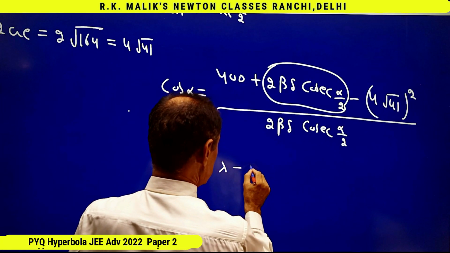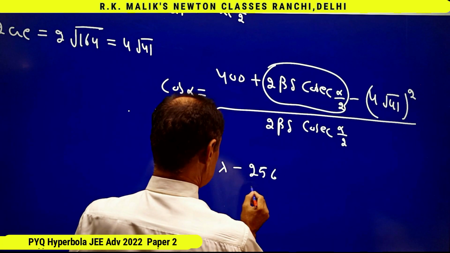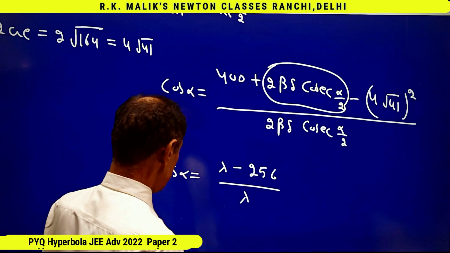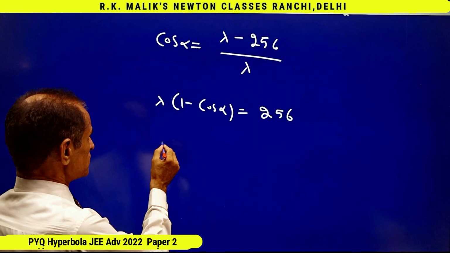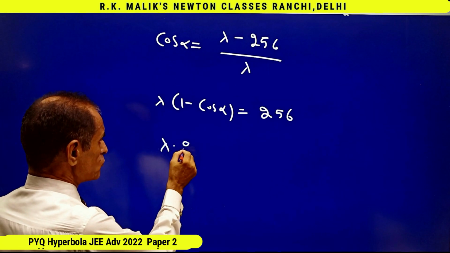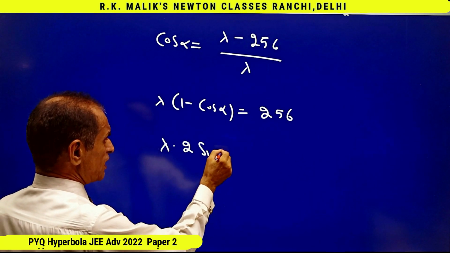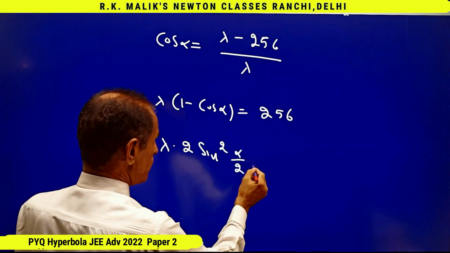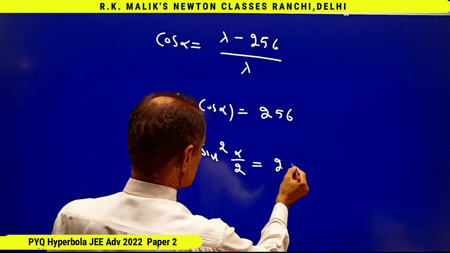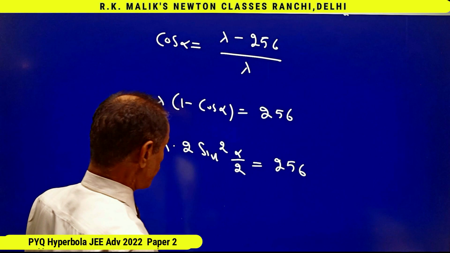Therefore, I will be getting now 256 upon lambda, which means lambda into 2 sine square alpha by 2 is equal to 256.